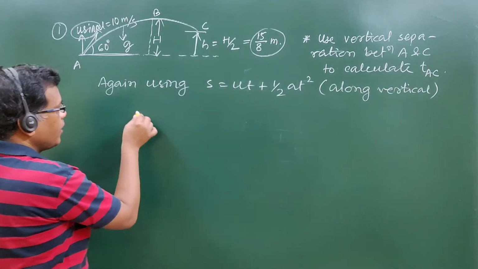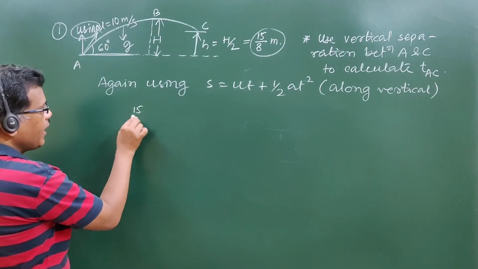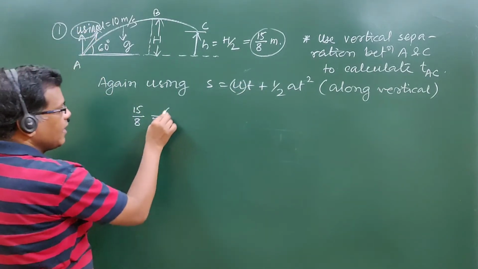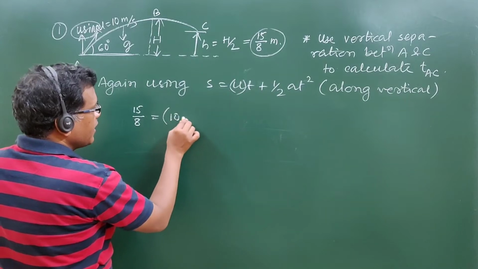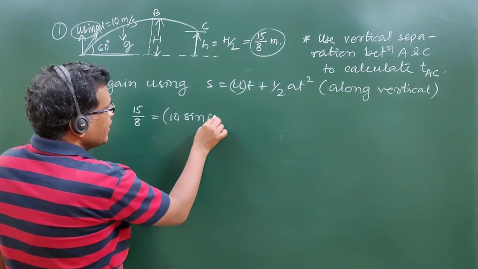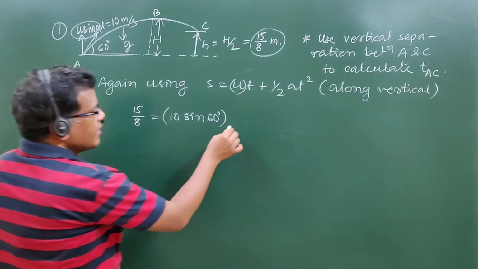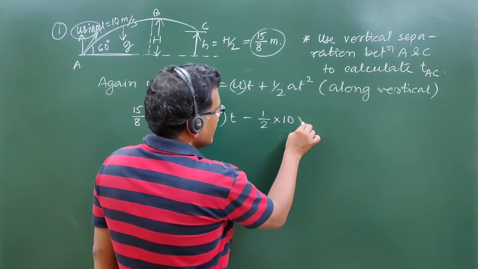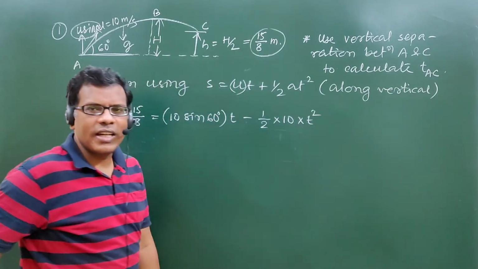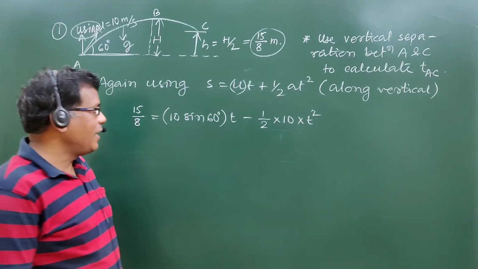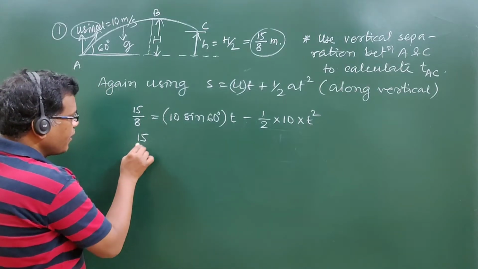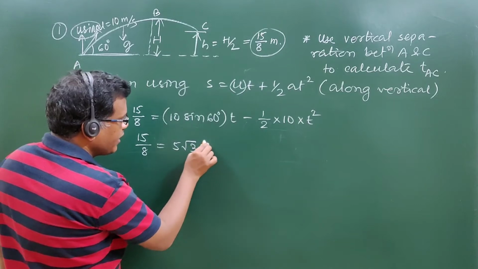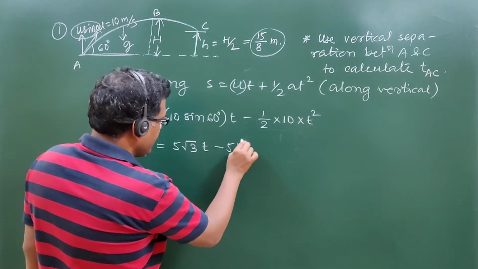So along vertical, S will be 15 by 8, u will be u sine theta, so that will be 10 into sine 60, that into t, minus half into g, that into t square. So this is a quadratic in t. So 15 by 8 equals 10, that is 5 root 3 t minus 5t square.